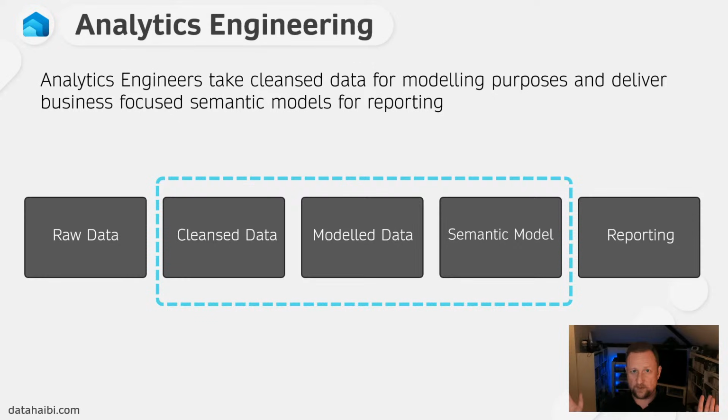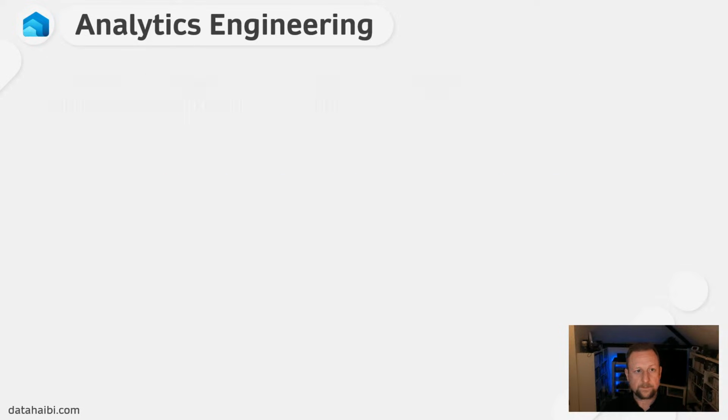I'm not going to say what kind of modeling is going on here, but it should be modeled. But they're also building, and of course I'm using Fabric/Power BI terminology here, a semantic model. Then possibly working with analysts to help understand the model, and possibly training the analysts in how to use the semantic model, and then the analysts can build reports.